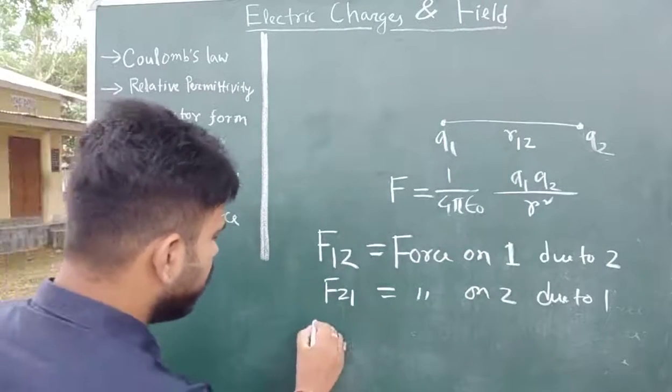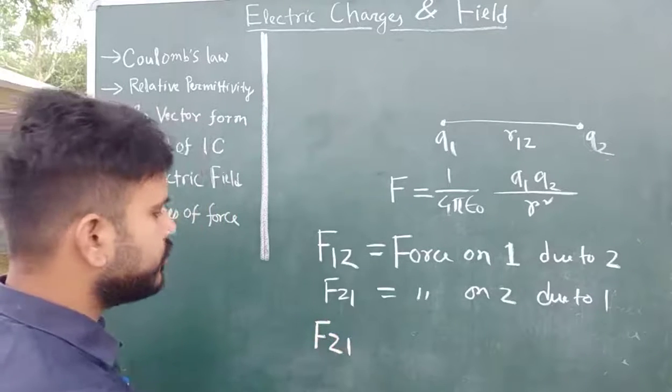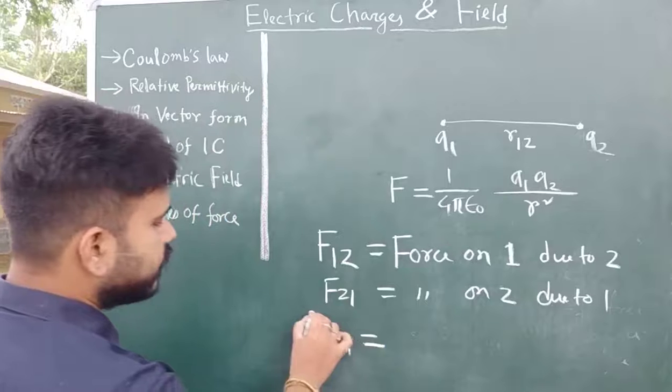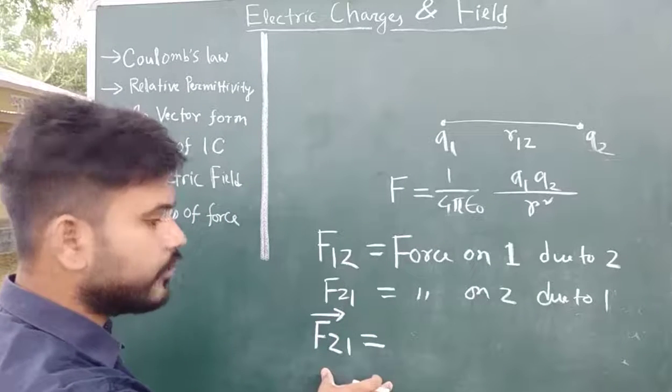So in vector form, we need to rewrite Coulomb's law as F21. We have to give the vector notation here.